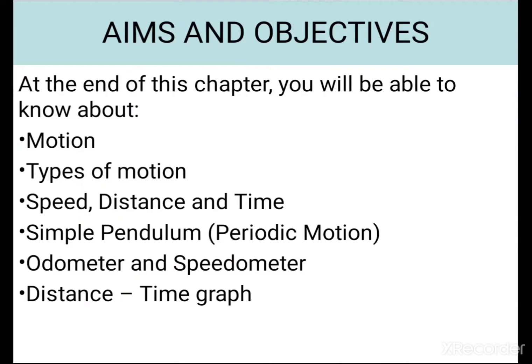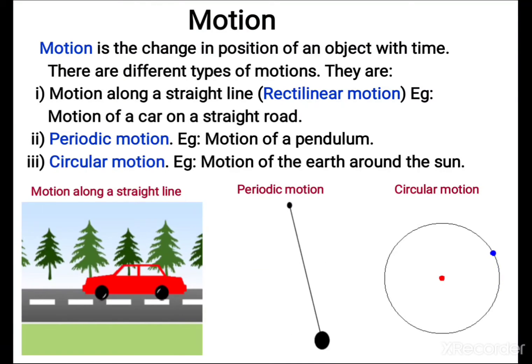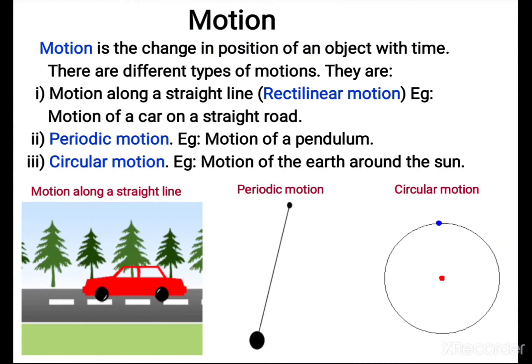At the end of this chapter, you will be able to know about motion, types of motion, speed, distance and time, simple pendulum, periodic motion, odometer and speedometer, distance time graph. So let's start with the discussion of the chapter.